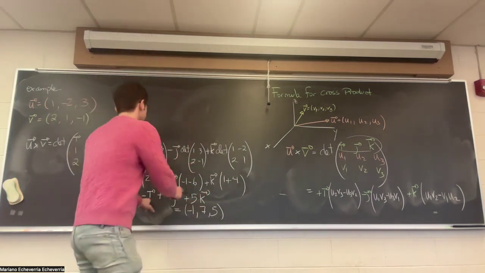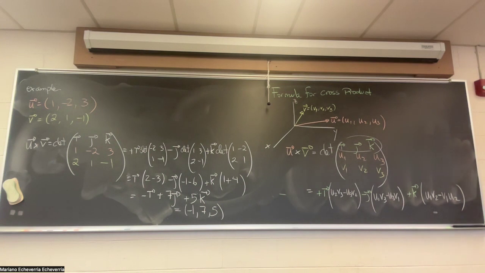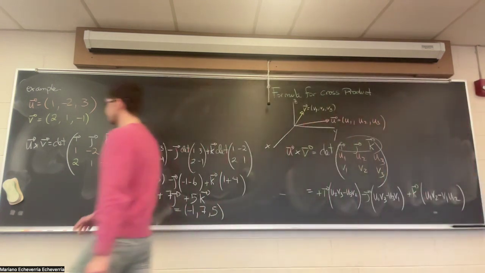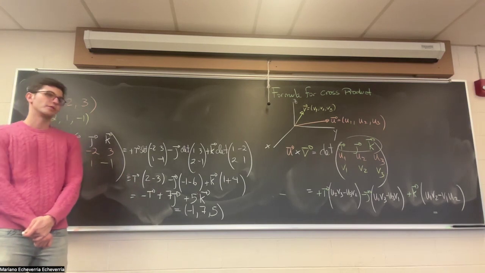But these are not numbers, so you're not going to get a number as the answer, which is good because we were after a vector. Okay, so these would be the cross product.